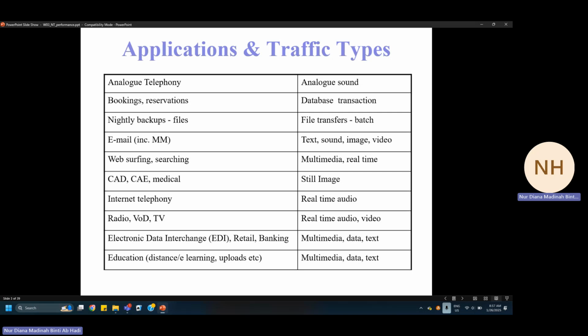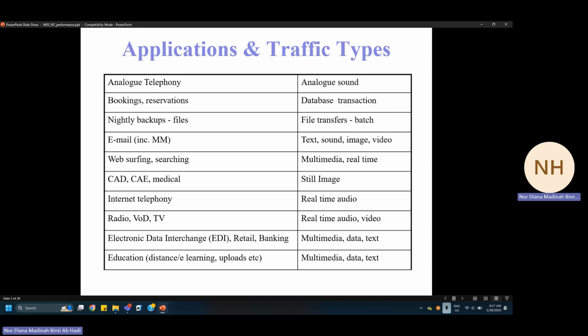It is also one of the multimedia, because when you do web surfing, it includes GIFs, videos, and actions. Multimedia is a combination of different types of media, which may include text, sound, image, and videos.